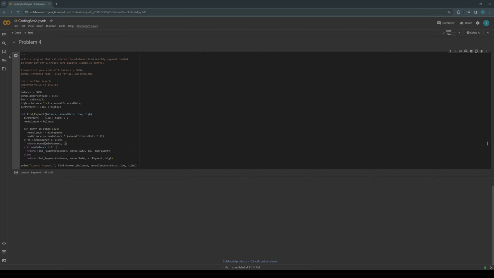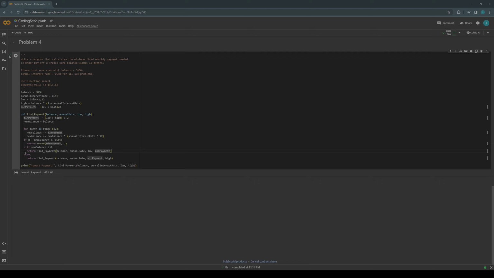Now, in the case that the new balance is less than 0, which means that the minimum payment is too high because it ultimately overpaid on the balance, then we're going to run the function again, and instead of taking high, we're taking minimum payment. We are setting minimum payment as our highest minimum payment that's allowed, because that minimum payment was too high. It brought us below 0, meaning that we overpaid on that balance.